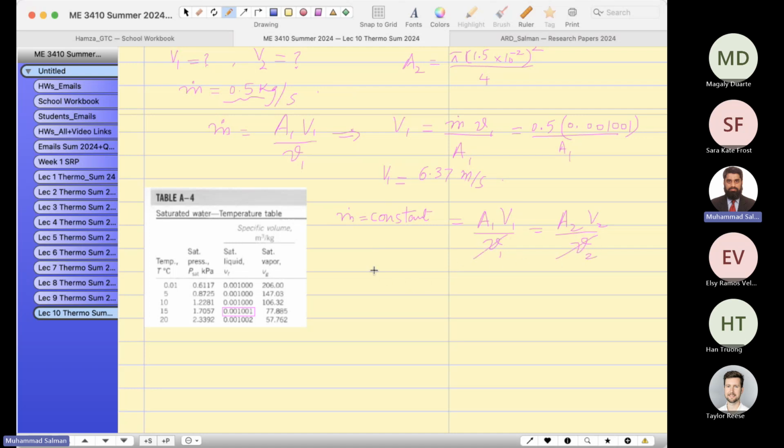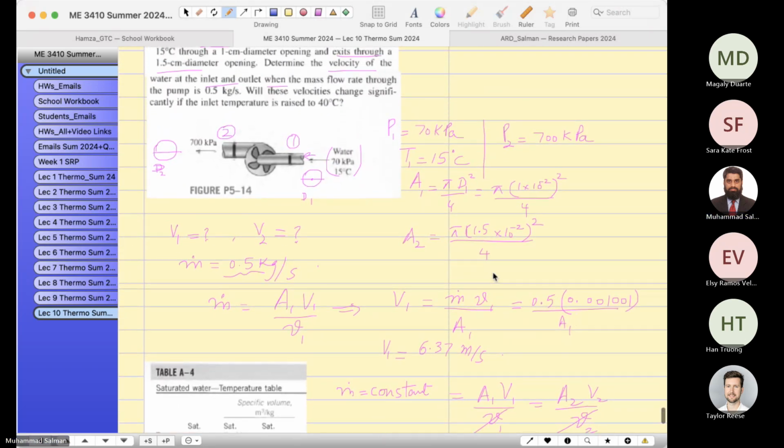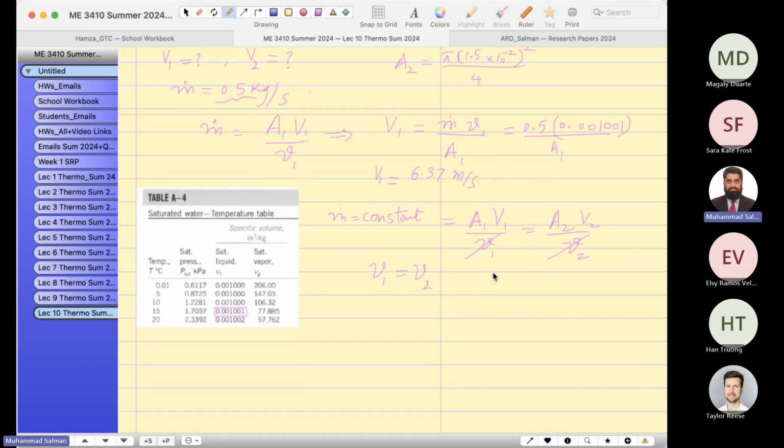The specific volume cancels because it is constant for this case. Volume flow rate is constant. So what is my velocity v2? Area 1 times velocity v1 over area 2 is about 2.83.